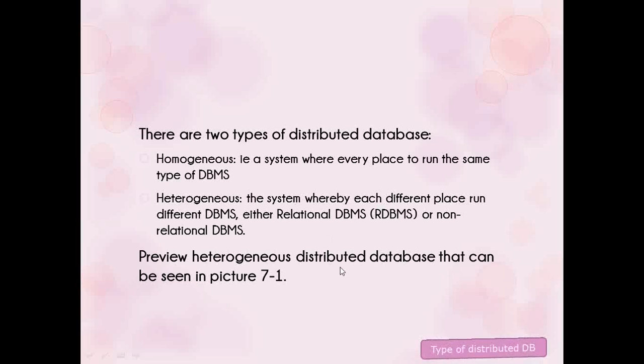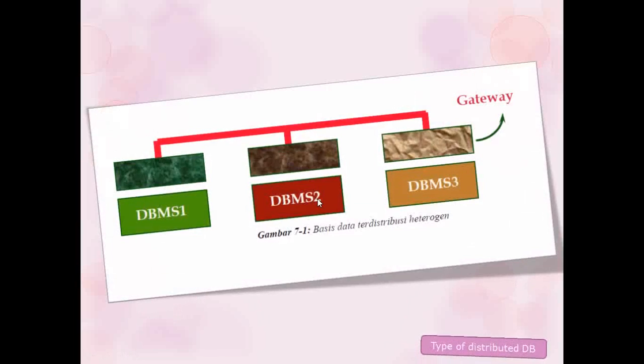A heterogeneous distributed database can be seen in picture 7.1. Yes, here is the picture. So we can see DBMS1 in green, DBMS2 in red, and DBMS3 in brown.